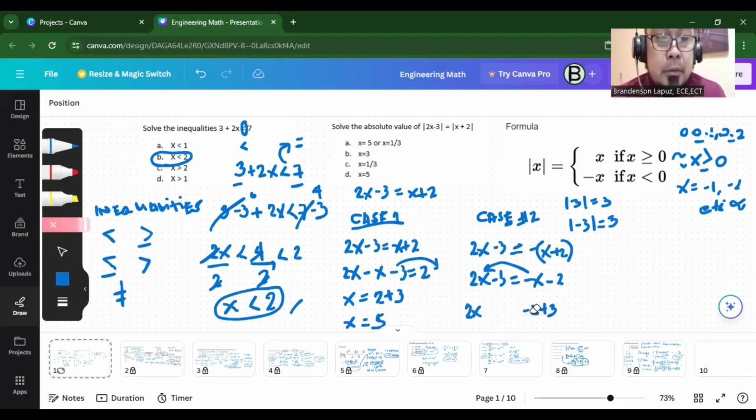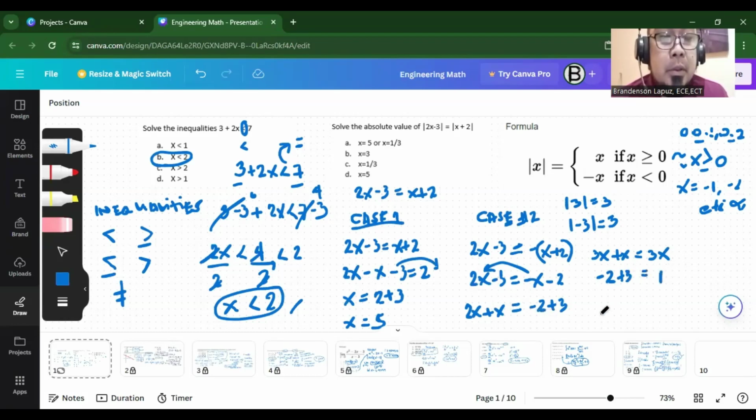Okay, again: 2x plus x is equal to negative 2 plus 3. So 2x plus x is equal to 3x, and negative 2 plus 3 is 1.